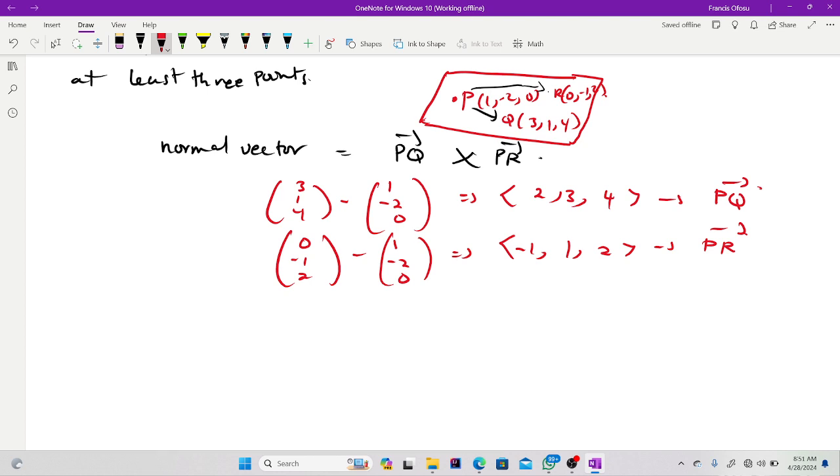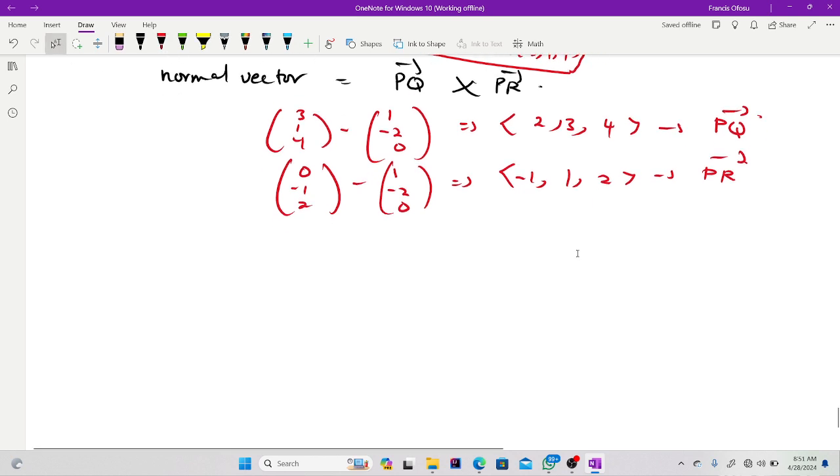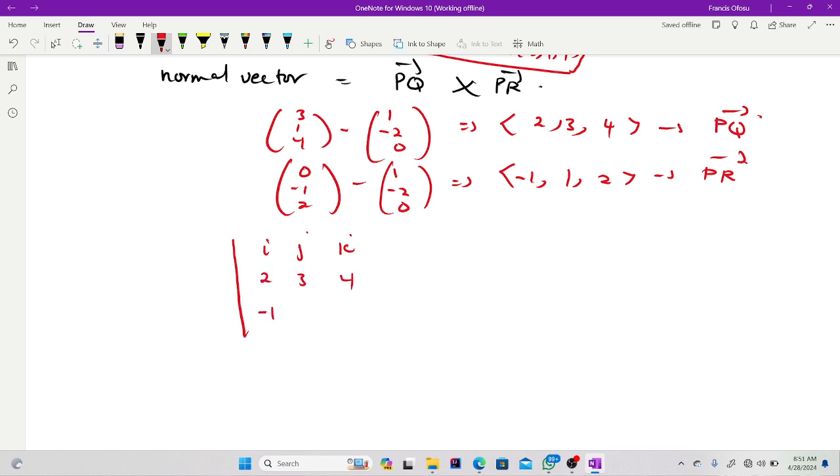To find the cross product, we just represent it with the determinant of a matrix like this. You have i, j, k, then I'll have 2, 3, 4, -1, 1, 2. So I just need to find the determinant of this to give me my cross product. I'll take i as usual, plus, minus, plus.